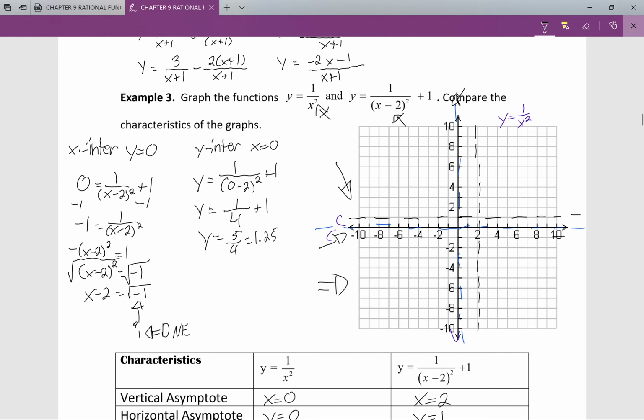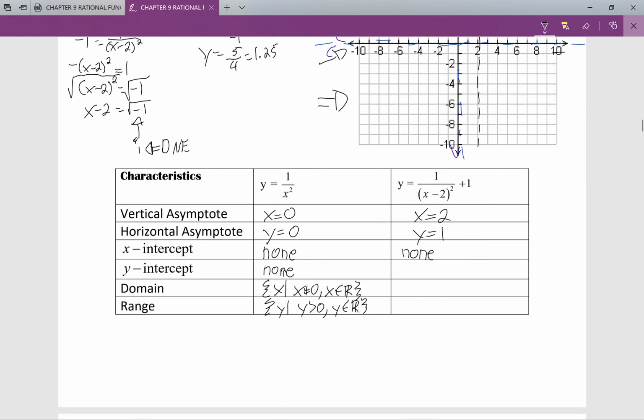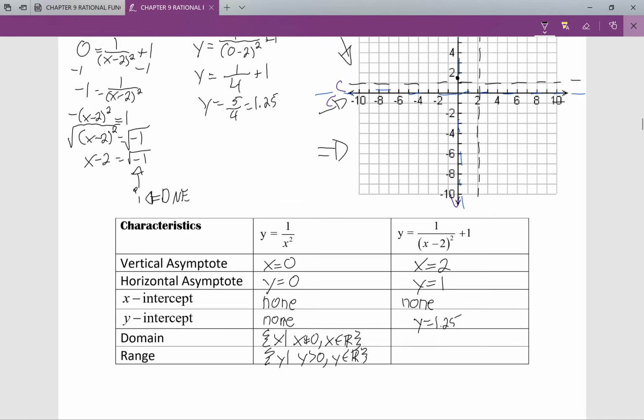So my y-intercept is going to occur right about there at 1.25. I scroll down here, my y-intercept is going to be at y equals 1.25.